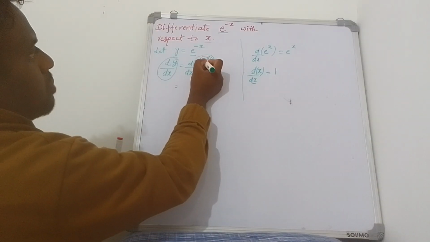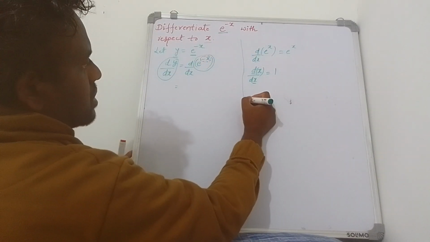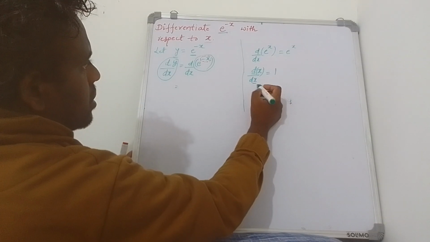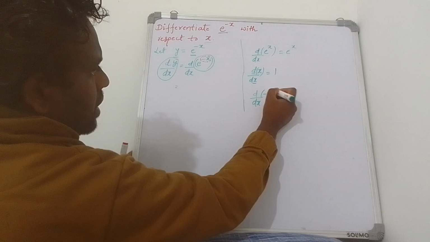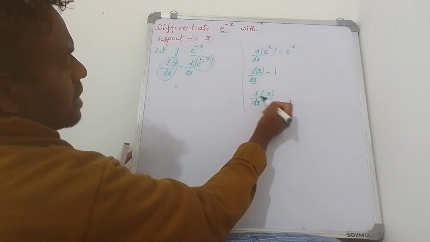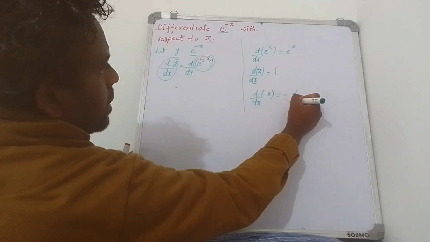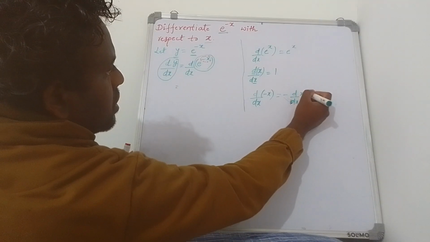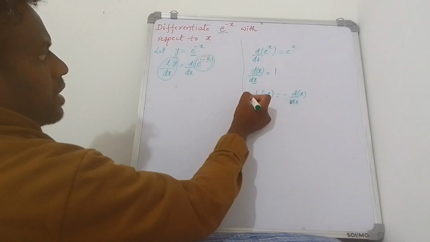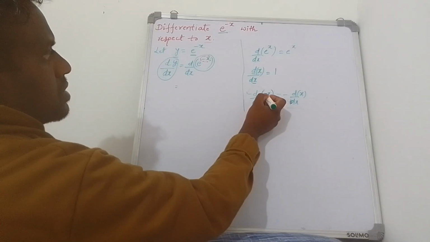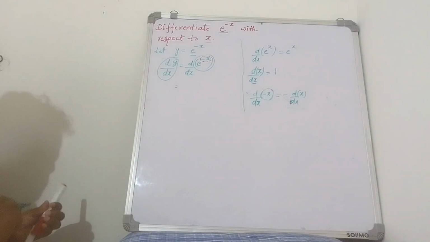But when we just consider minus x, for example, when we take d by dx of minus x, we can take this minus outside. That is equal to minus d by dx of x we can take. Okay, so minus I have taken here. So minus sign no problem when we consider minus x.